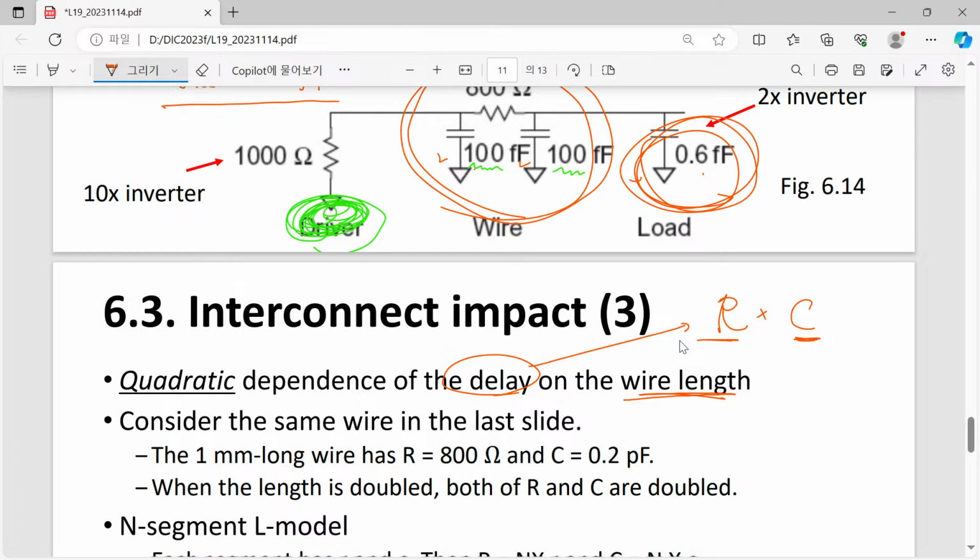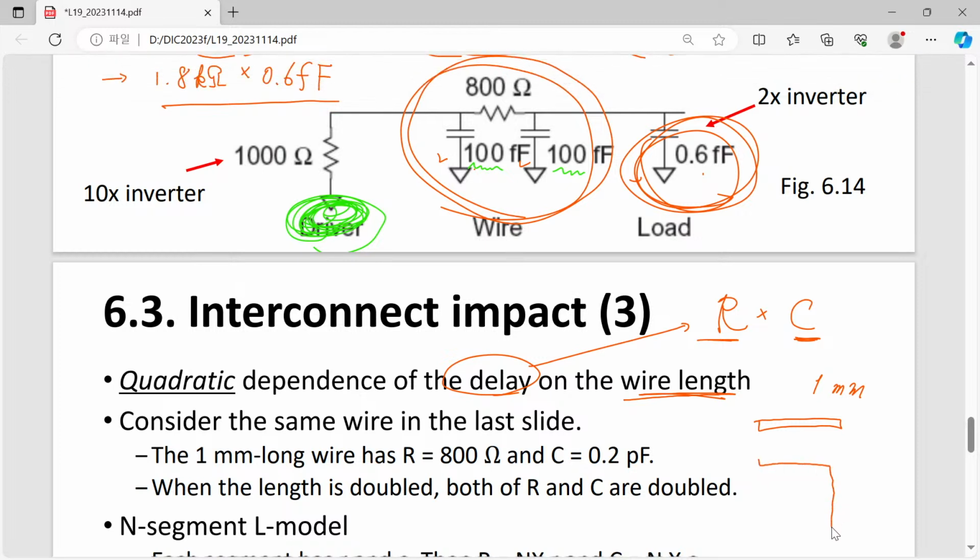For example, up to now we have thought about a 1 millimeter long line. It is a long line, but now we are considering a twice longer line, a 2 millimeter long line. Then what will happen? Since the length is twice, maybe the delay is doubled. That's bad. But it's not the case.